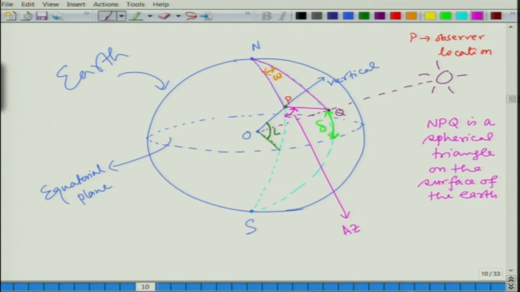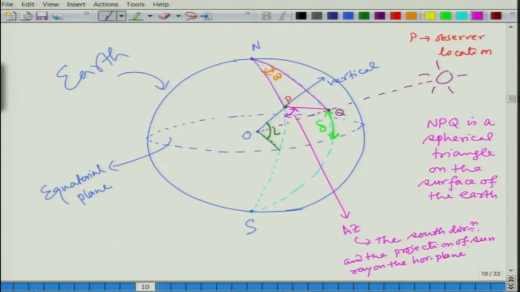Why do you say so? Because you see, this is the angle between the south direction and the projection of the sun ray on the horizontal plane.